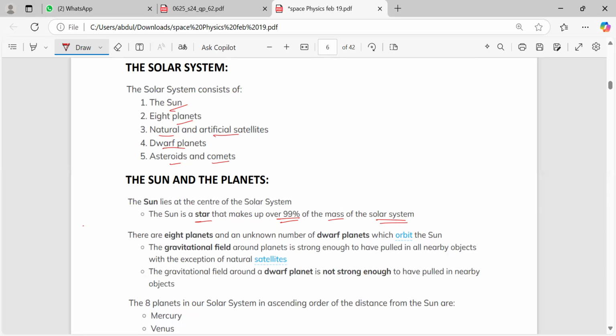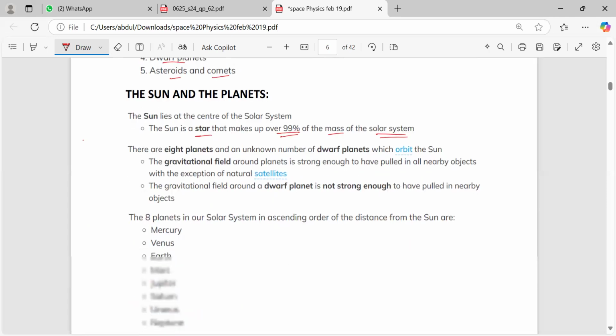Whenever something is revolving around the sun in an elliptical orbit, the sun will not be at the center of that orbit, it will be at a side. So remember this because you may find many MCQs on this topic.